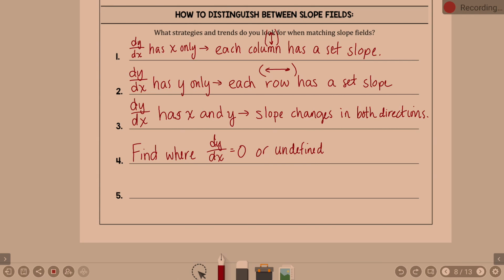So I have find what conditions will make dy dx less than 0 or greater than 0. So positive and negative, right?